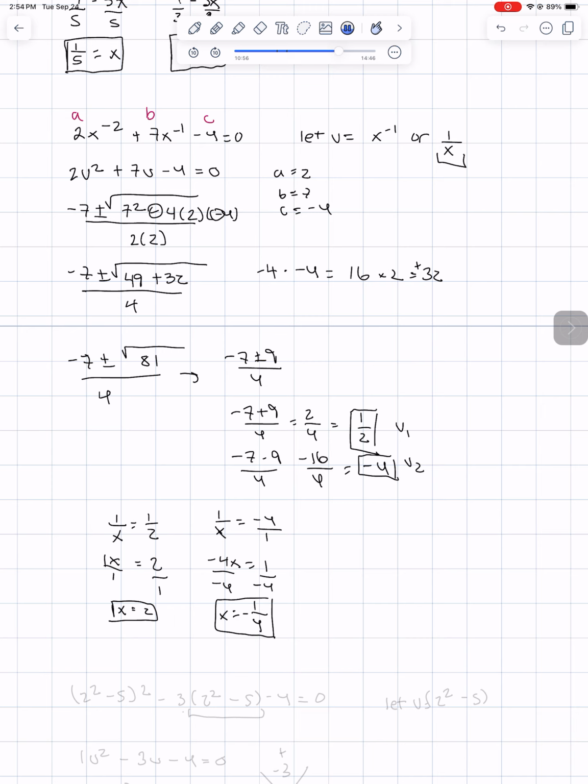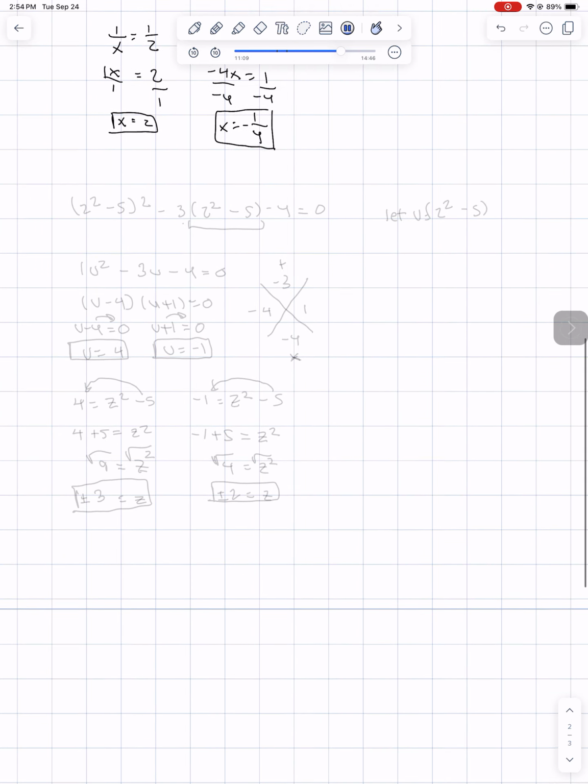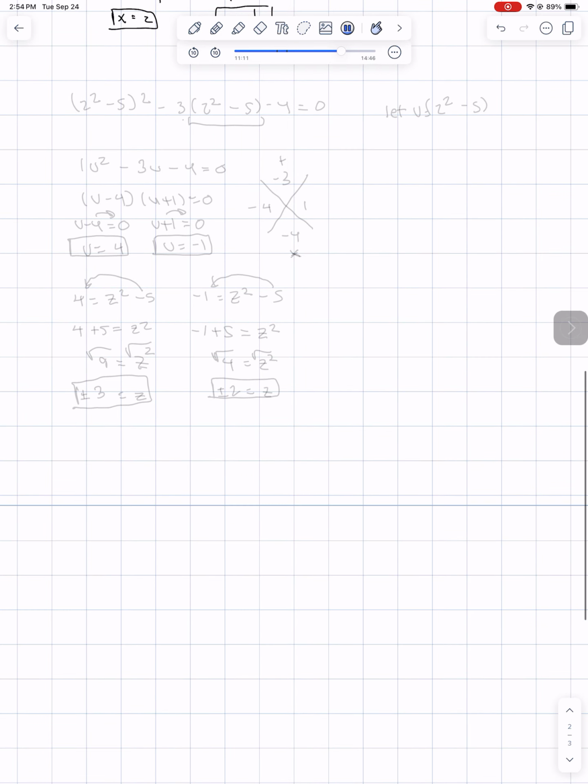Now, let's do an example where the u is not letting it equal 1 over x. Let's do an example where it's just normal. Let me find an example of this. Here's a good one. So we'll do an example from the textbook.